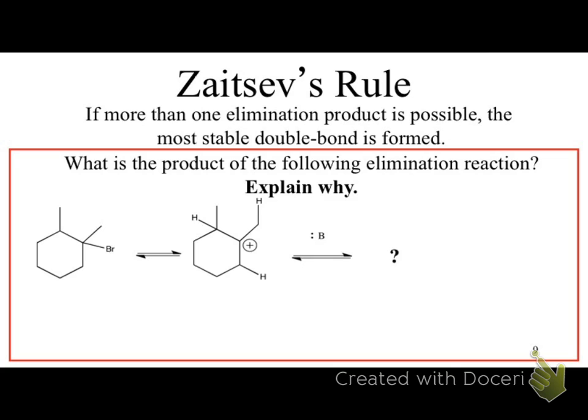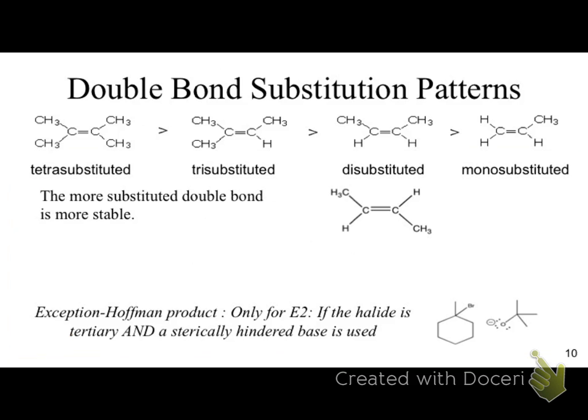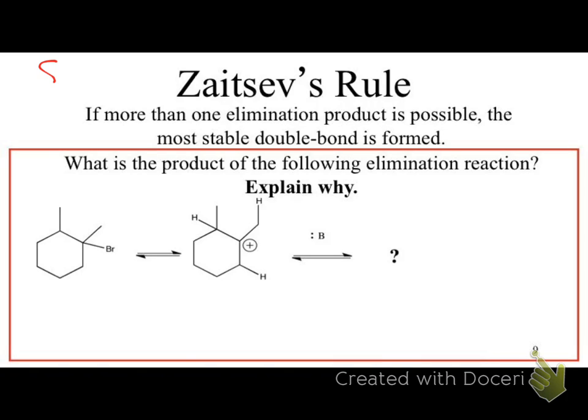Now we get someone's fun name, Zaitsev's, which you might also see. I can't remember how your book spells his name. You might see it spelled with an S, Zaitsev. You might also see it spelled something like that. I've also seen it, I think, with an I. I have no idea.